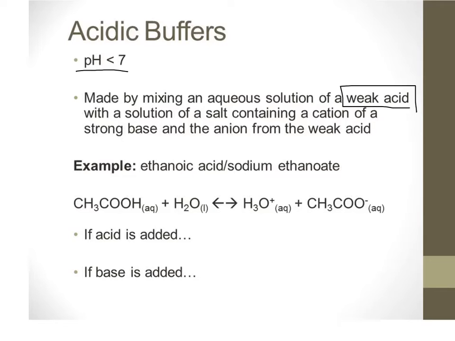An example would be ethanoic acid and sodium ethanoate. Ethanoic acid is our weak acid. Sodium ethanoate is the salt that contains the anion from the weak acid and a cation from a strong base. This would form the following equilibrium.